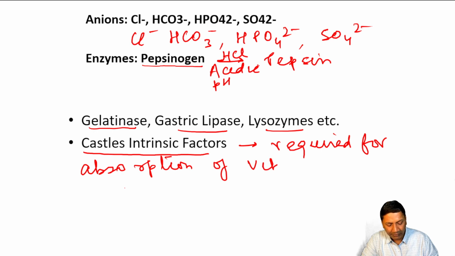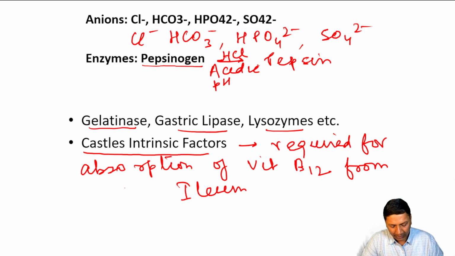So this is the importance of the intrinsic factor. That was the composition of the gastric juice.